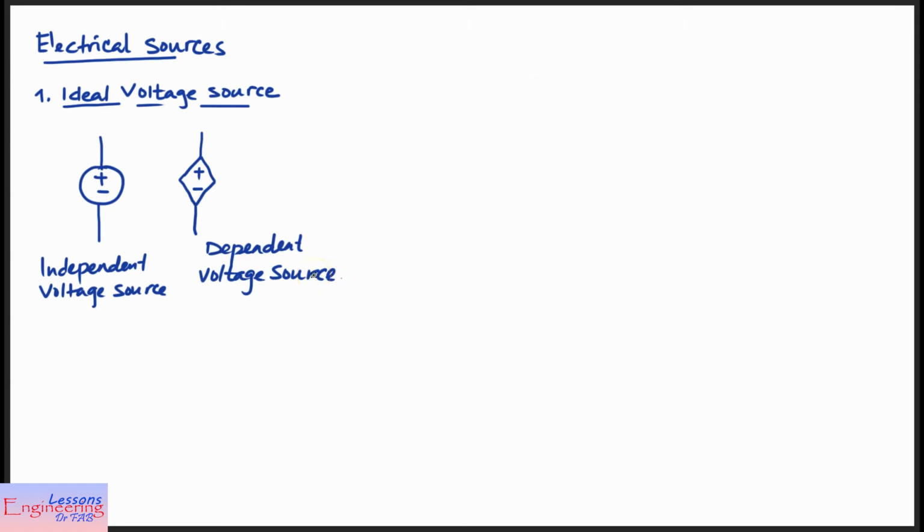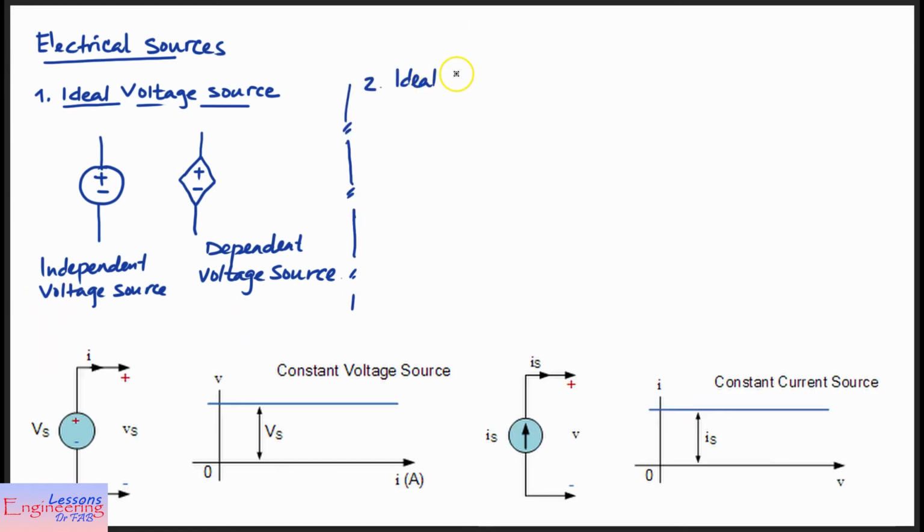Okay, and the second is ideal current source. An ideal current source maintains a set amount of current level in the circuit regardless of the voltage across its terminals. We call this an ideal current source.